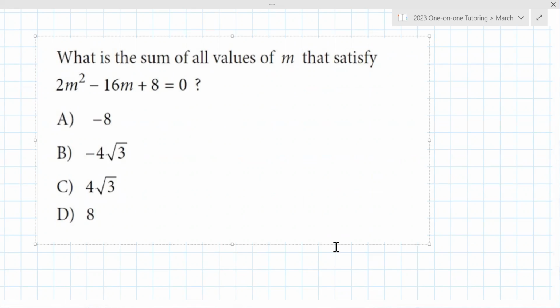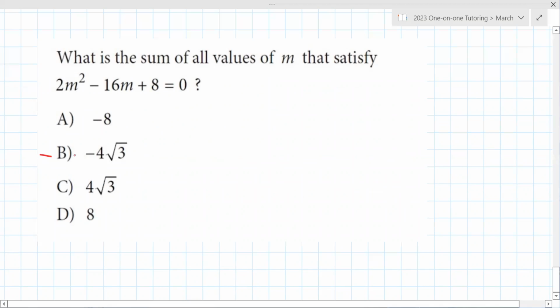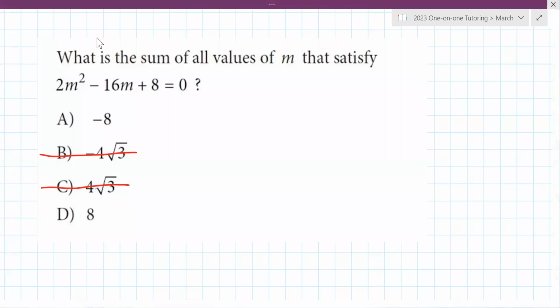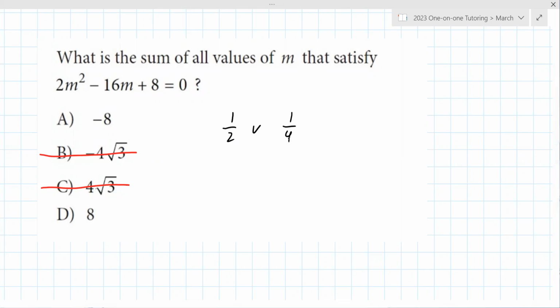The interesting thing here is that based on what we just did, it's not B and it's not C. Let's say you were going to guess, you have a better chance of guessing 1 out of 2 versus 1 out of 4. So anything you can do to reduce the answers is really an important step when taking these standardized tests.